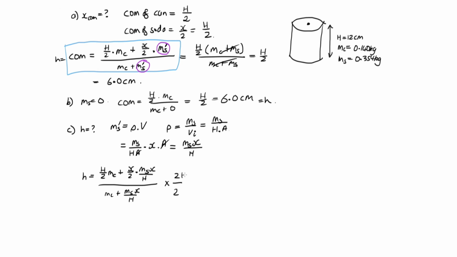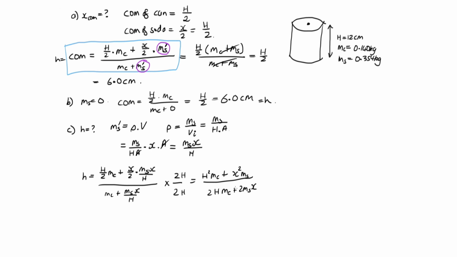We'll actually times it by 2h because that'll make it a little bit prettier. So we end up with h squared times the mass of the can plus x squared times the mass of the soda, over 2h times the mass of the can plus 2ms x.